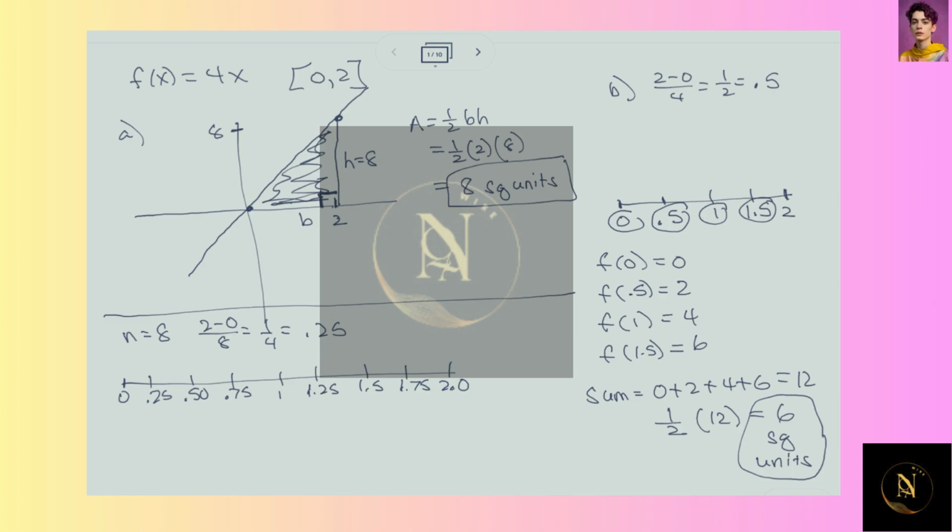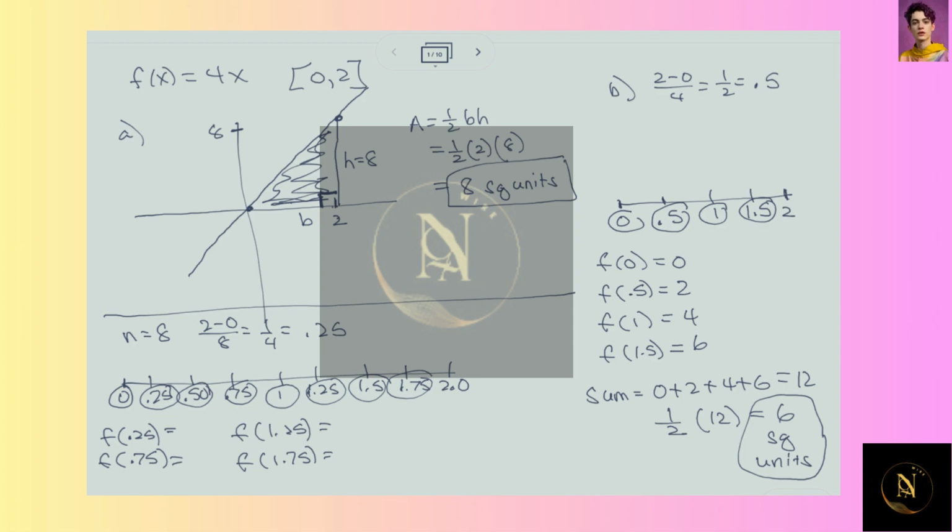And when I'm finding my heights, these are the values I'm using. I'm not using 2. So we already have 0, 0.5, 1, and 1.5. So we need f of 0.25, f of 0.75, f of 1.25, and f of 1.75.